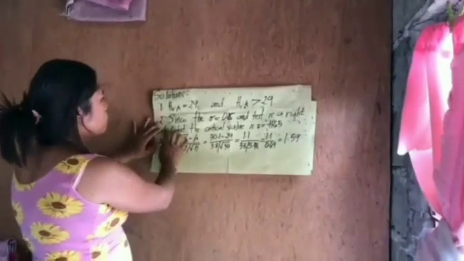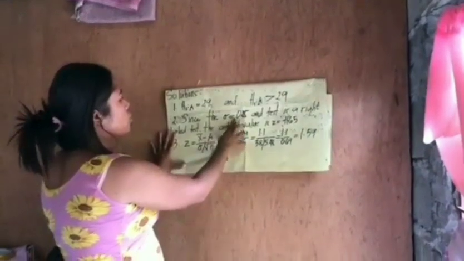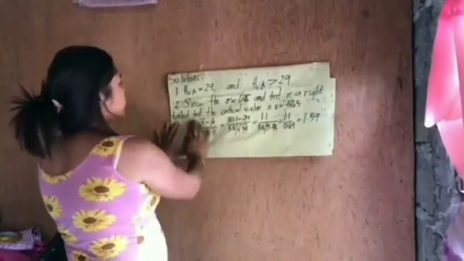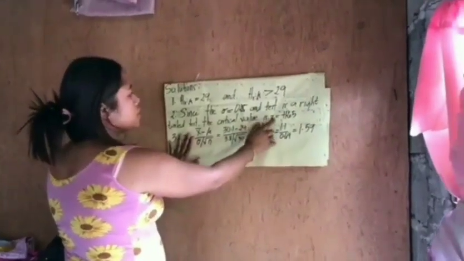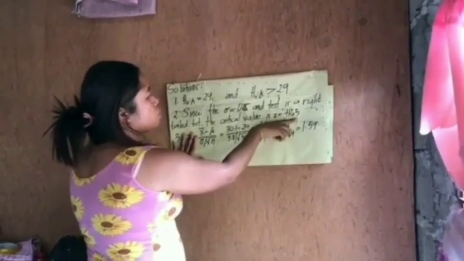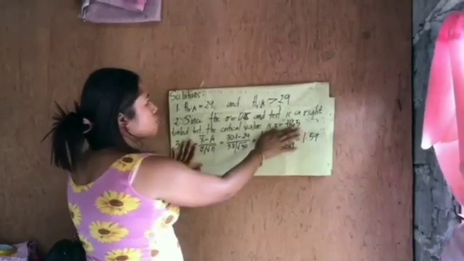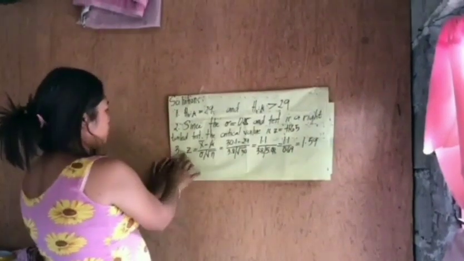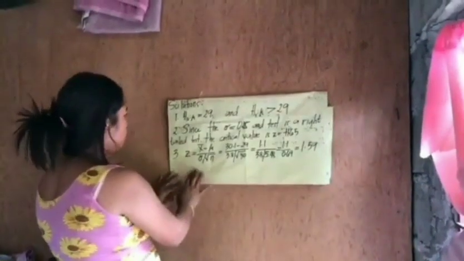So number 2, the significance level is equal to 0.05 and the test is a right-tailed test. So the critical value is z equals positive 1.65. This is our basis for whether our claim is rejected or not. So number 3, we solve our problem.